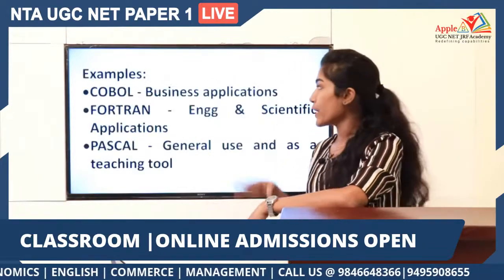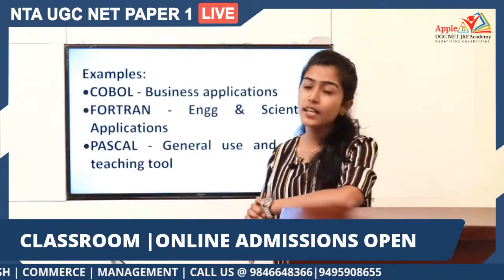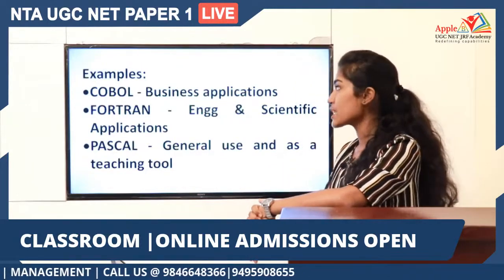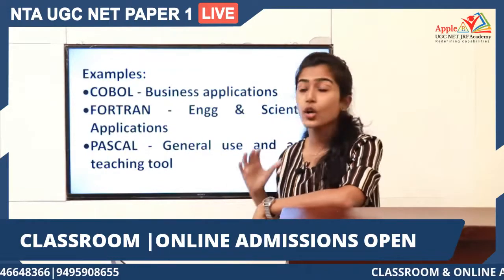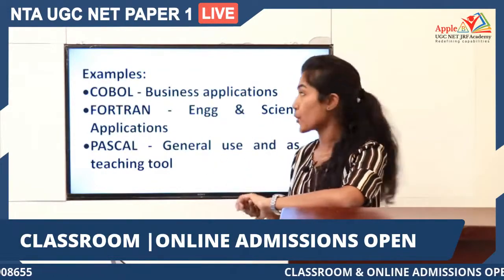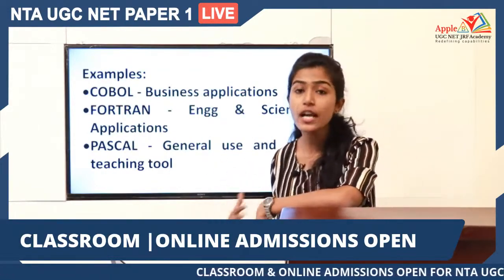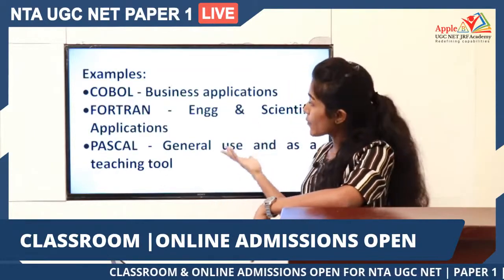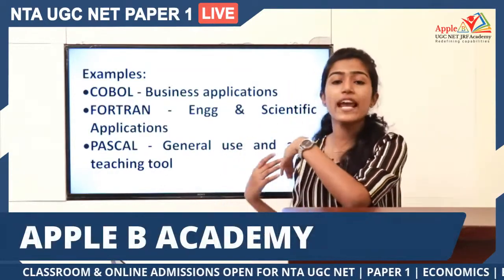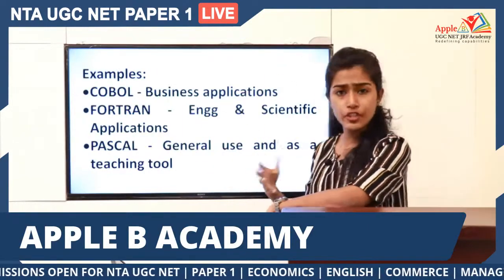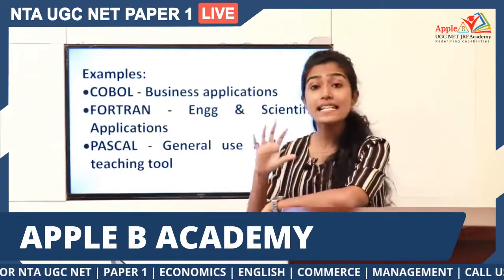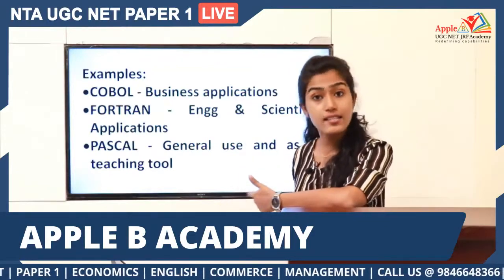Now we are moving to a few examples of programming languages. You have COBOL, which is used for business applications. Then we have Fortran, which is used for engineering and scientific applications. Then we have Pascal, which is used for general purposes and also as a teaching tool.